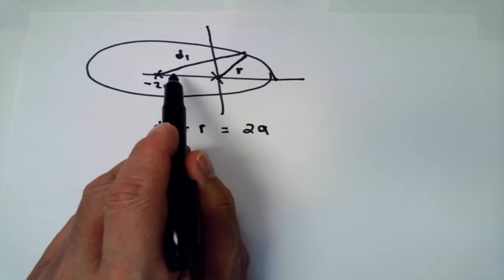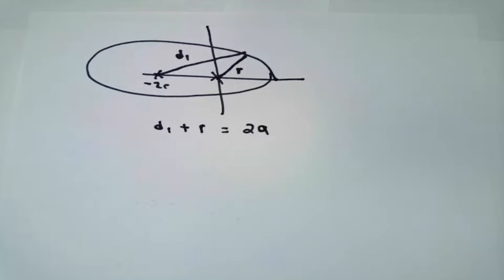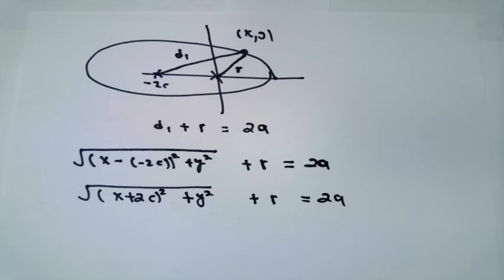We still have to figure out distance d1. Now that's easy to do, though, if we use the distance formula. Notice that this is especially nice as opposed to how we did this before, where there were 2 square roots that we had to deal with. In this case, there's only 1.